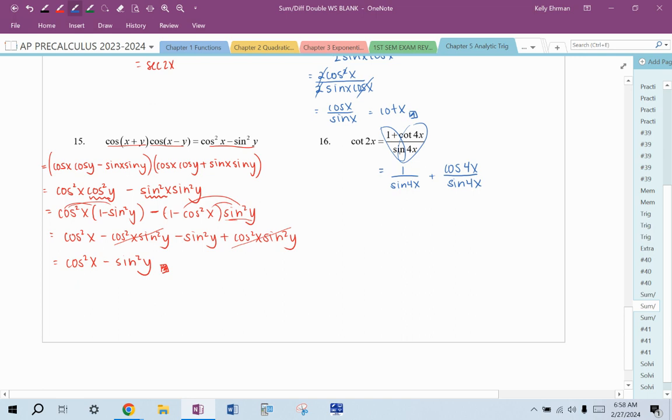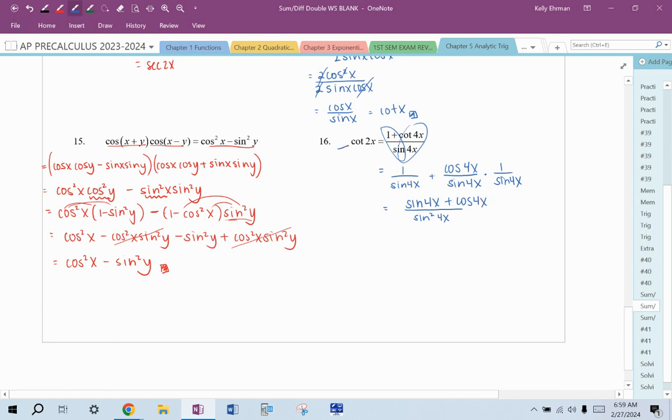And then it's divided by sine of 4x, so times 1 over sine of 4x. Okay, so this is telling me I could get a common denominator of sine squared 4x. The first fraction would become sine of 4x plus second fraction I already had cosine of 4x.